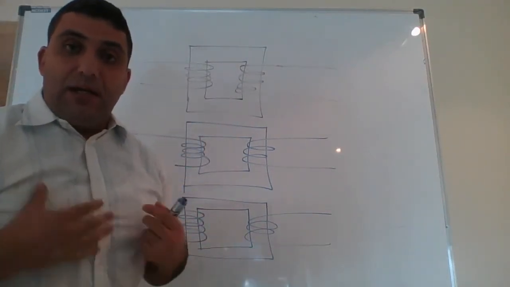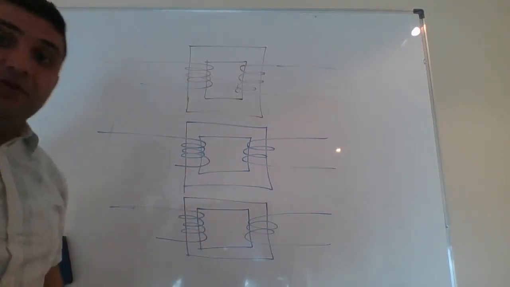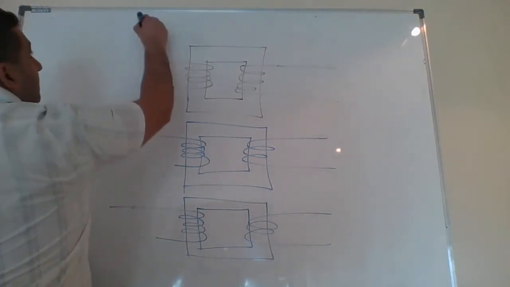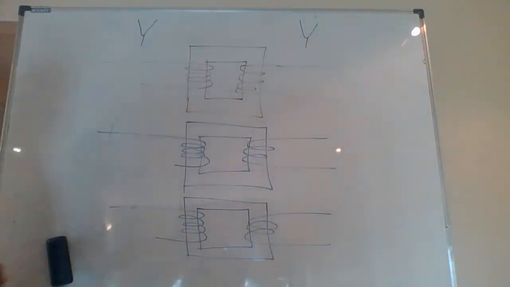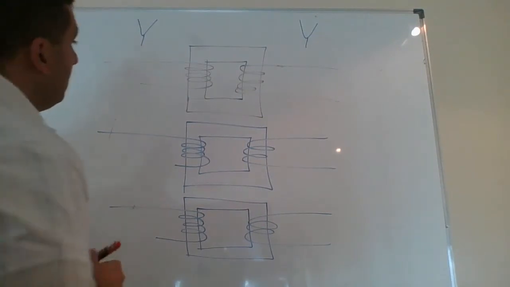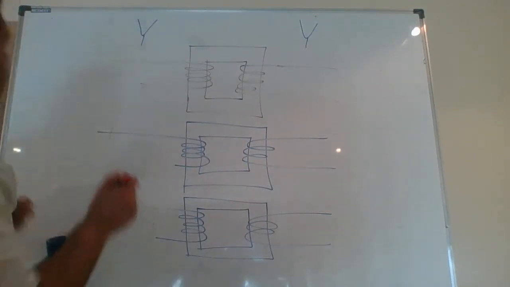Now, I'm going to connect these transformers. For the first case, I am going to connect Y on the primary, Y on the secondary. Pay attention to how I do the connections. How do I represent Y?